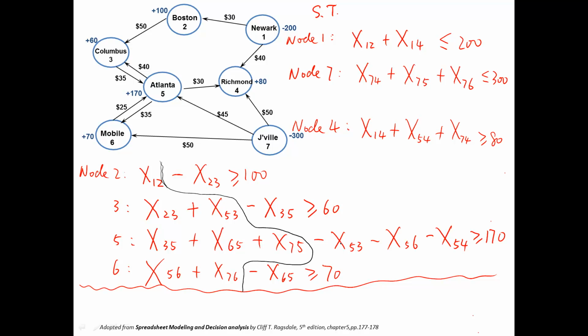And then on the right, those numbers got subtracted. These are all outflows. Okay, so with this, we can summarize a general format for the transshipment node constraints, which is the sum of inflows subtract the sum of outflows, and need to be greater than or equal to the demand.